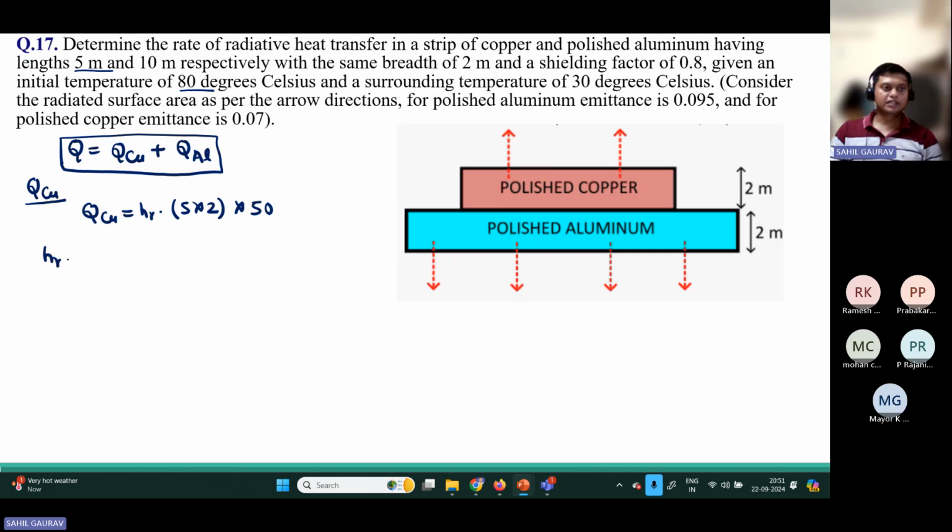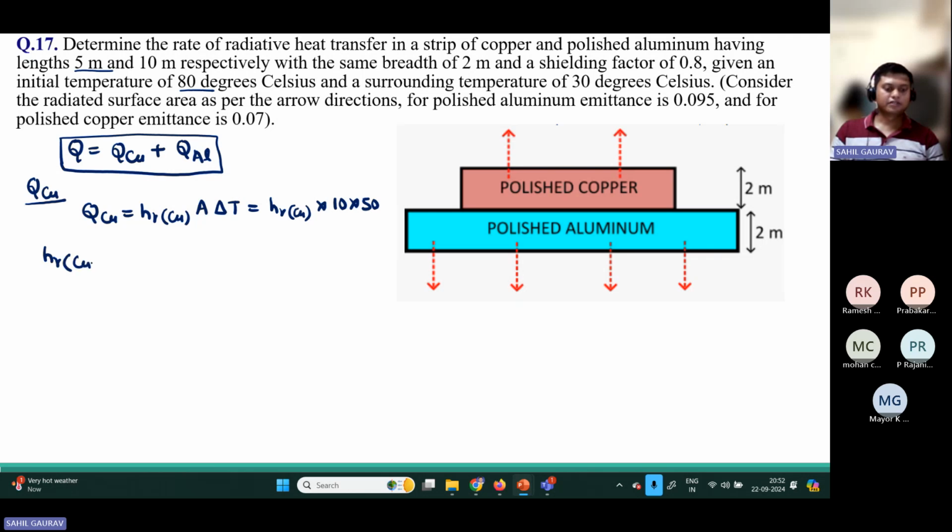Now we have to find HR for CU. So QCU is HR CU into A into delta T, where area is 10 and delta T is 50.